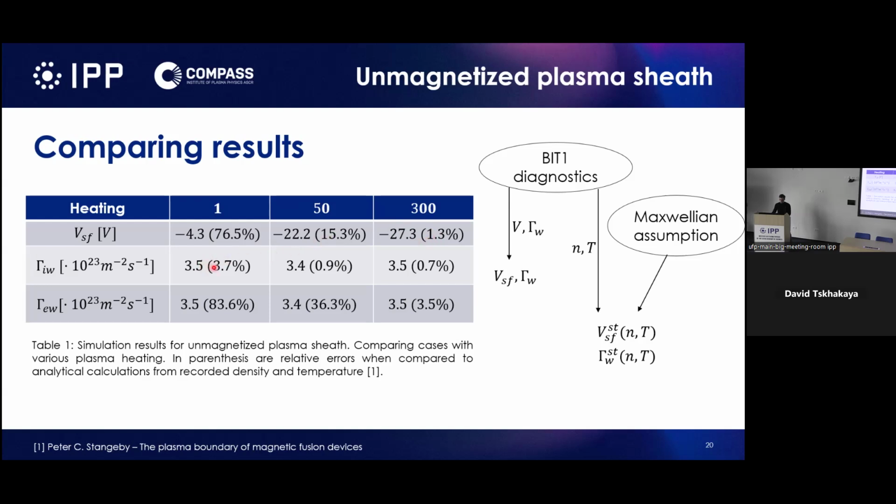The effect on the ions is much smaller since we don't require them to be Maxwellian. That's not usually the assumption inside the sheath. And in the case of the electrons, there's quite a large effect because the computation of their wall flux heavily depends on the floating potential.